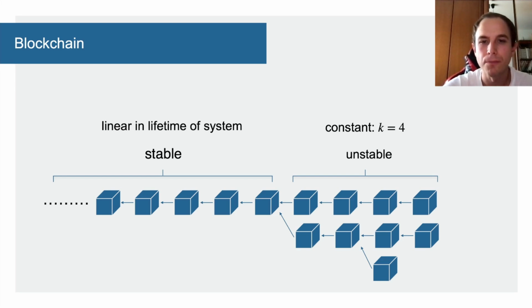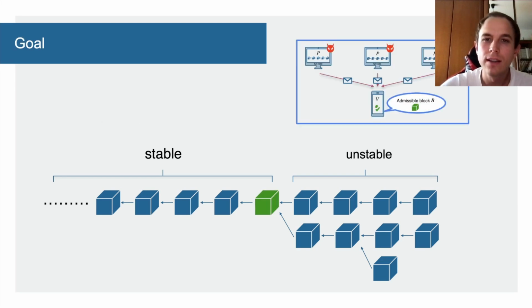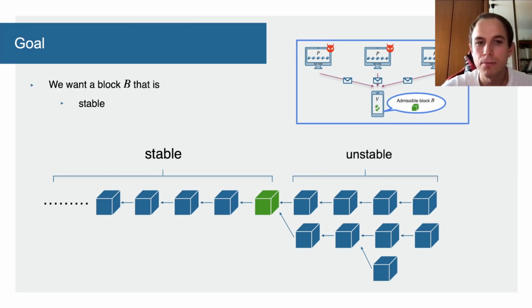whereas the stable part grows linearly with the lifetime of the system. So now what we are interested in, in our light client that we're trying to build, is that we want to output a block that is part of this stable part of the blockchain, but it should also be fairly new, right? So we don't want to output some very old block of this stable part, but a new one.